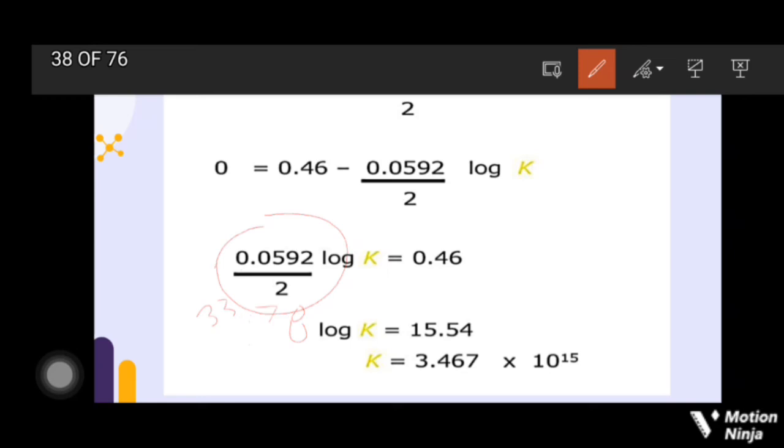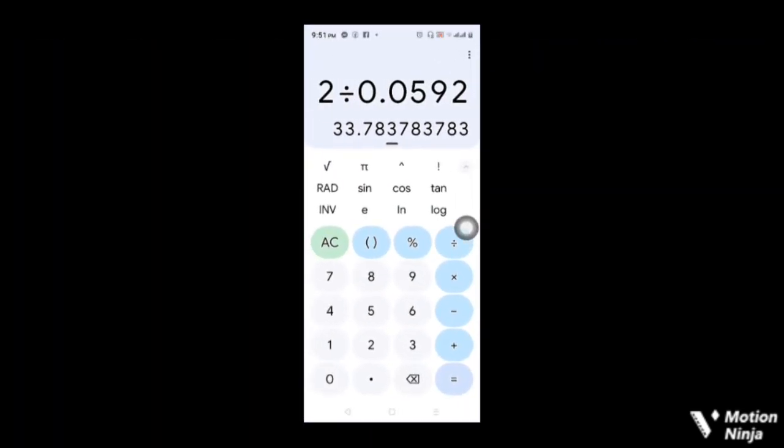After that, having that 33.78, you need to multiply it by 0.46, or the E naught cell.